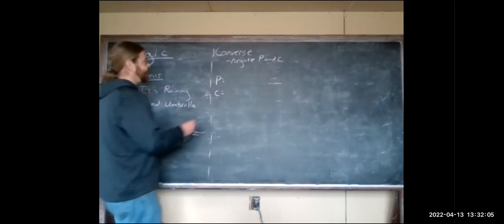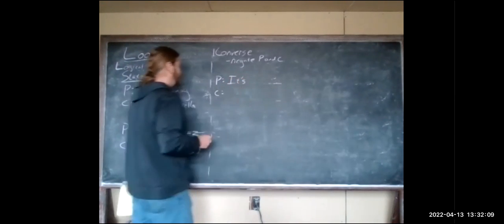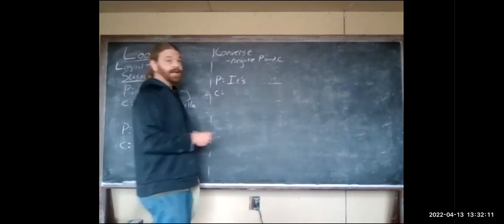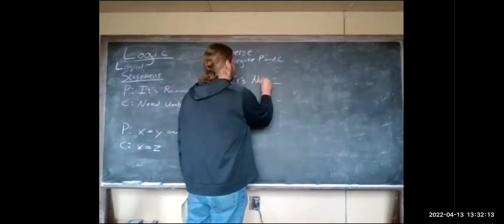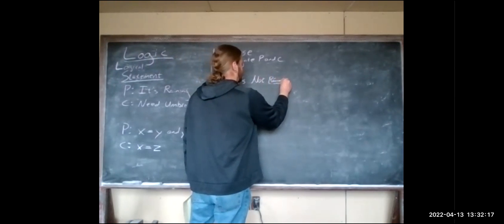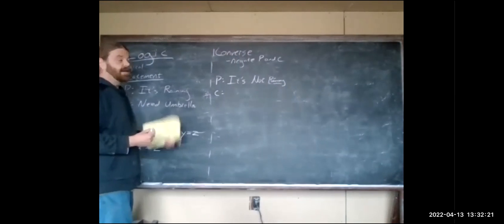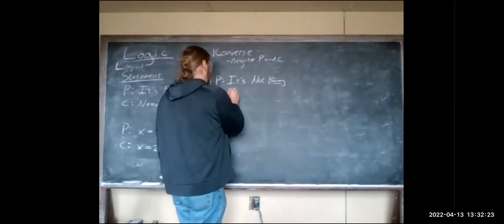But if we negate it, well, negation's easy there. If our original premise was it's raining, then our negation of it is it's not raining. And same thing with the conclusion. Need an umbrella becomes do not need an umbrella.